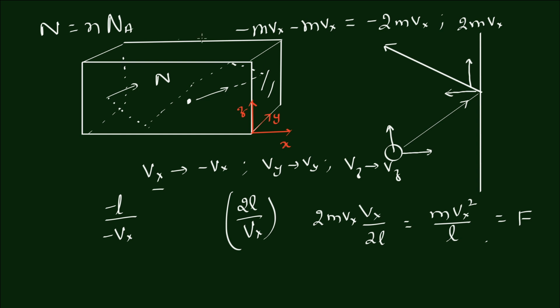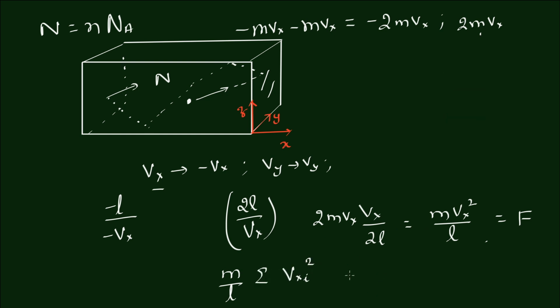So if n atoms come and they're buzzing around, now each of the atoms has a different x component of the velocity. So I'll have to call it Vxi: Vx1, Vx2, Vx3, etc. So the total force exerted on the right side wall of this box is going to be m by L times the sum over Vxi squared. Now what do we do with this? Now let me remind you that the average value of Vx squared, what does that mean?